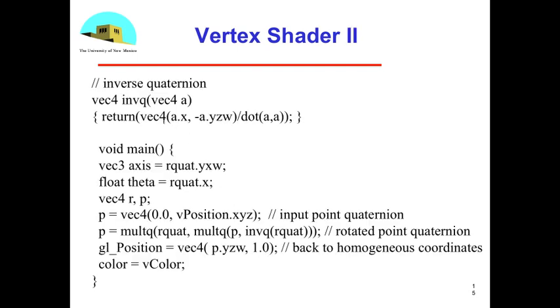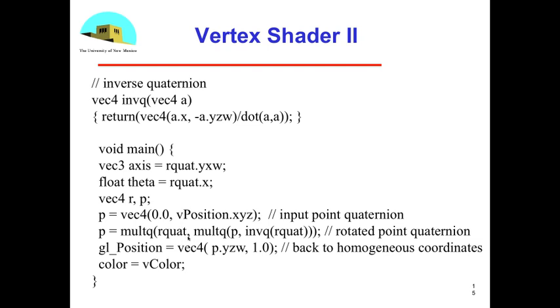The rest of the shader might look something like this. Here's the inverse quaternion function if you're going to need an inverse, and here would be a quaternion fragment shader that would take the quaternion coming in as a point and then do a rotation. You put in the rotation quaternion, and now you can do rotation. Now remember what rotation looked like.